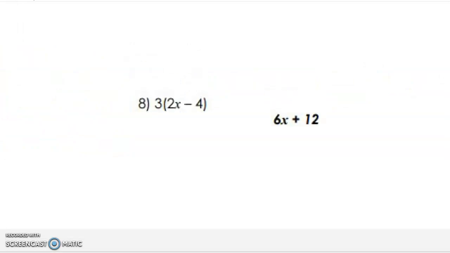All right. I think this is the last one. Draw my arrows. So then I have 3 times 2x plus 3 times, and I'm going to keep that negative with it and make it a negative 4. Okay, I'm going to pretend that's a negative 4. So let's see. 3 times negative 4.